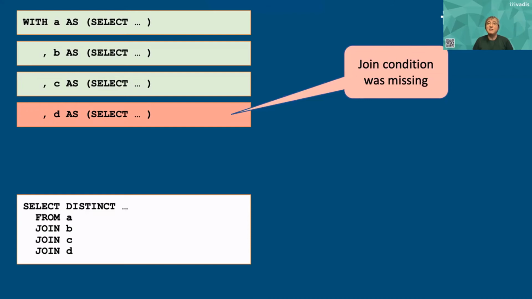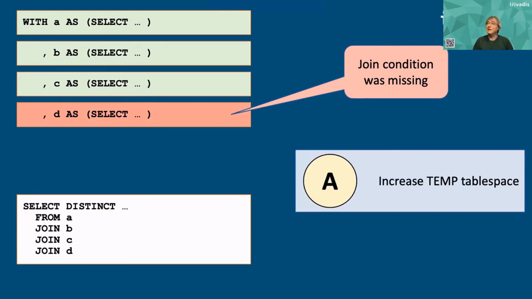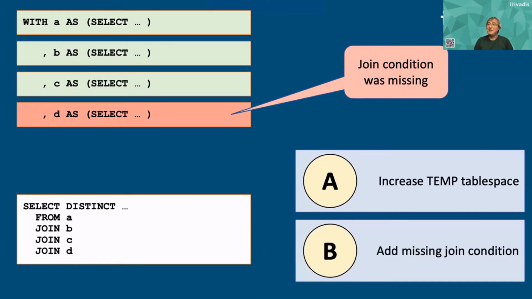Even the Exadata was not able to run this whole query with the existing temp table space and within a small amount of time. So the join condition was missing, and so we have 2 options here. We could increase the temp table space, or we could add the missing join condition.